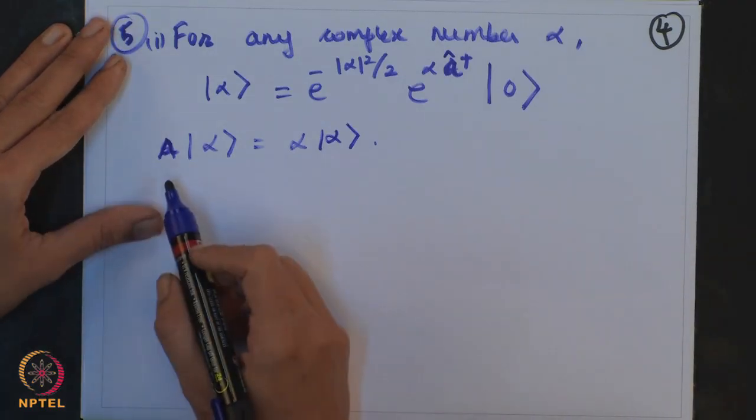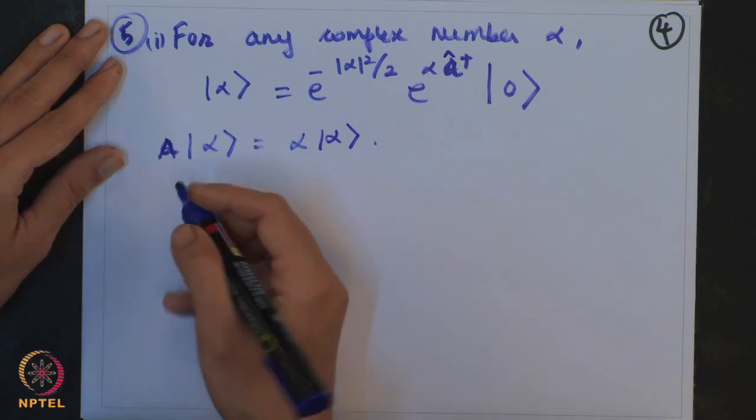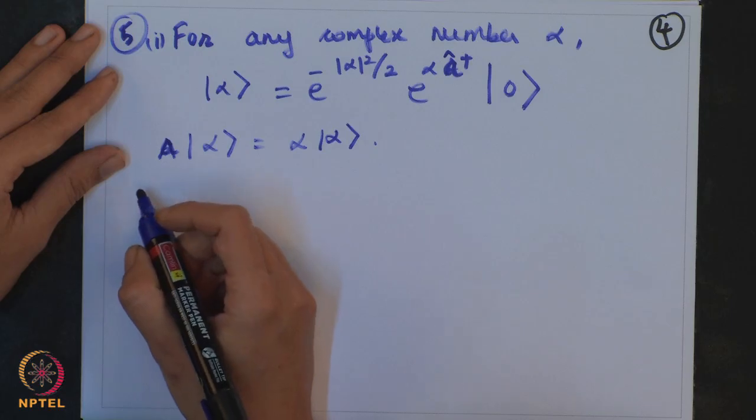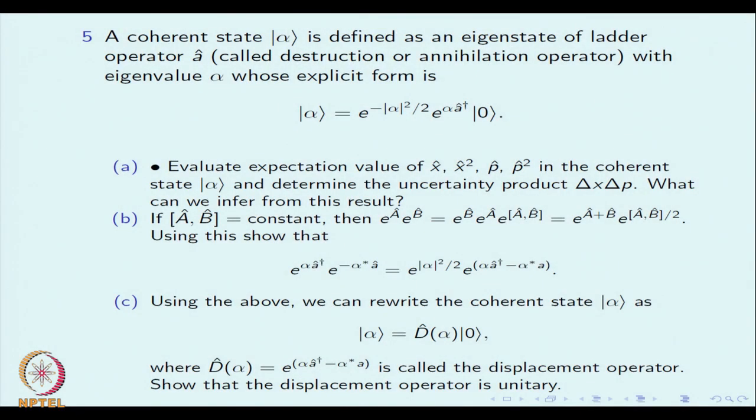Now, the next step would be that we have to calculate x square and p square in this coherent state basis. So, for that you need to do some algebra, few hints I will give, and you can maybe use those hints to work further.